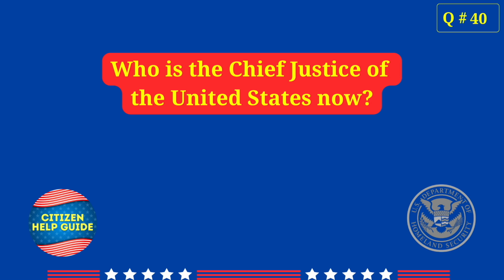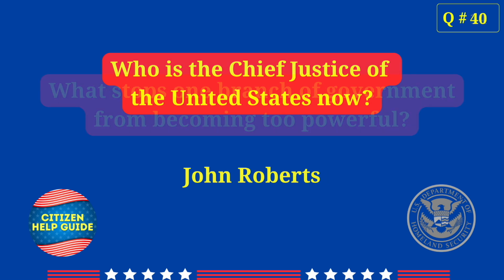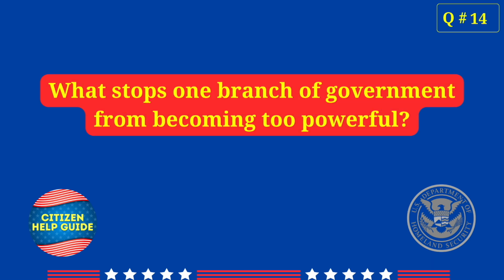Who is the Chief Justice of the United States now? John Roberts. What stops one branch of government from becoming too powerful?